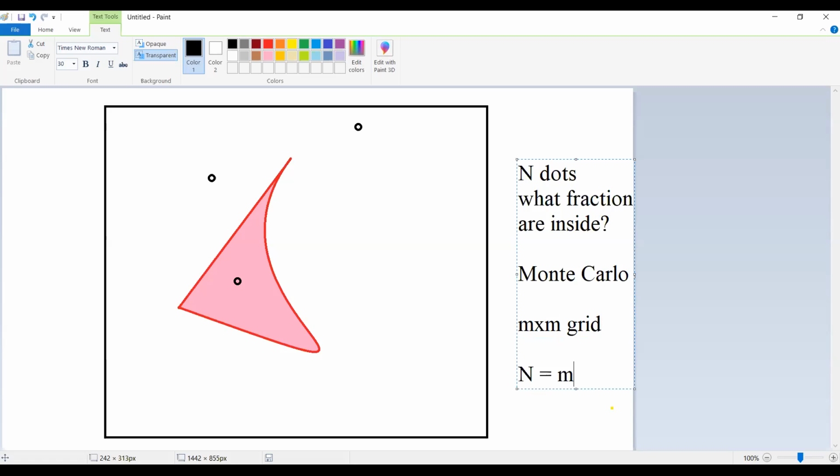So n equals m squared. And imagine it ran in less time than you expected. So you actually have time to add a few more dots. The problem is you've already created your grid. You can't go now to n equals m plus 1, because we may not have that many more points to add.